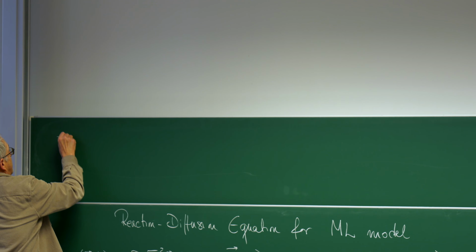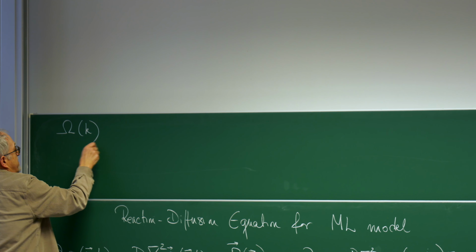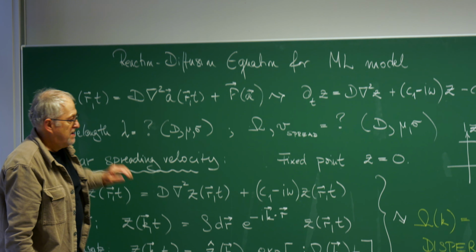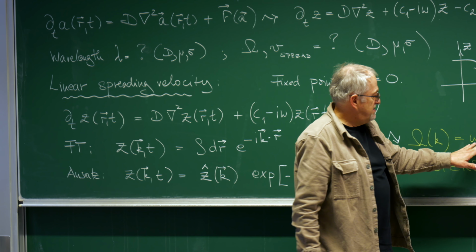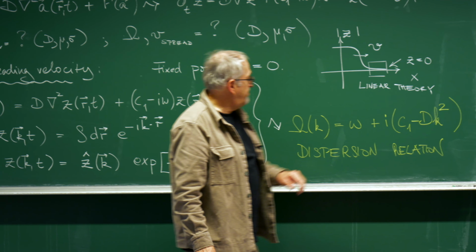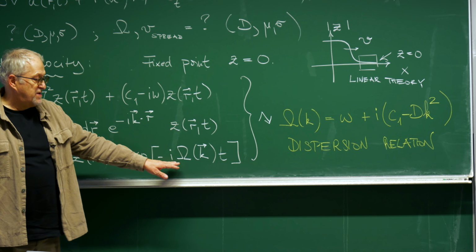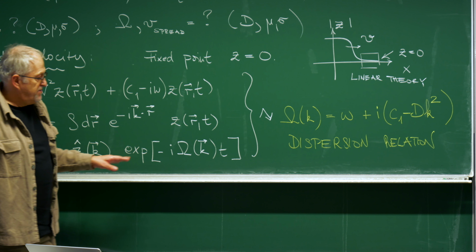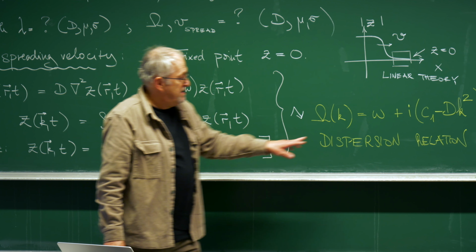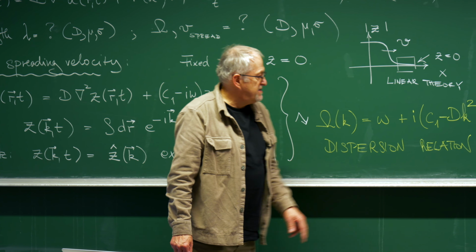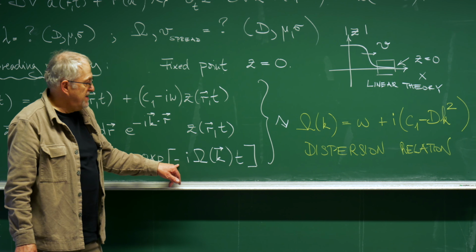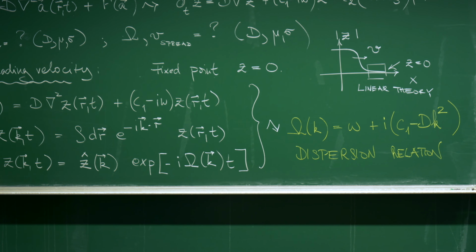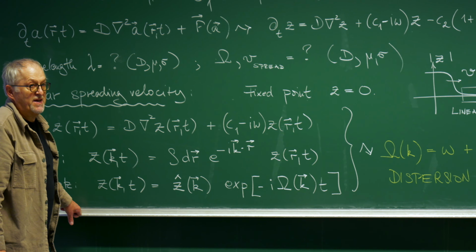So this dispersion relation for omega of k, if you look at it, let's focus on this again. So omega of k has a real part and an imaginary part. The real part here just gives the oscillation of your solution with omega, the base frequency of the problem. And then i (C1 minus D k squared), if you put this in, this gives you then an exponential term where you have e to the plus (C1 minus D k squared).